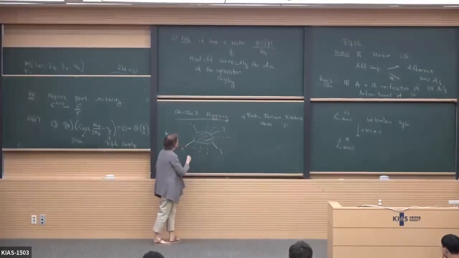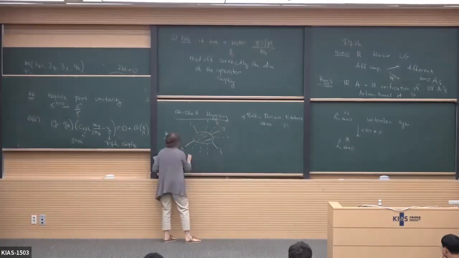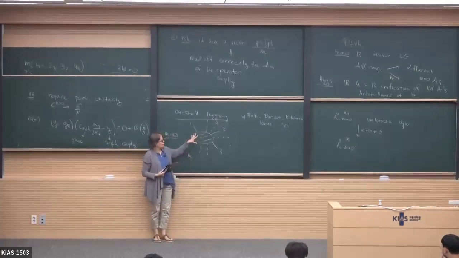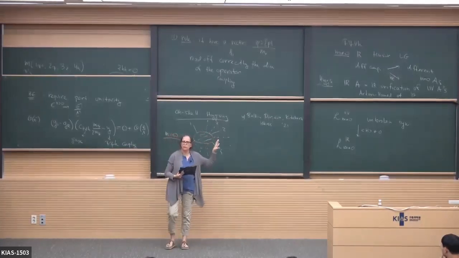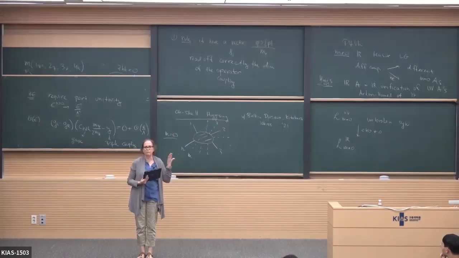So I need to add a certain number of Higgs legs up to some m here. And the way that I'm going to see the massless amplitude is by taking all the Higgses to be soft. Because what does it mean that I set the Higgs to its Vev? It means that I'm freezing the Higgs. It's not dynamical anymore. It's not fluctuating.